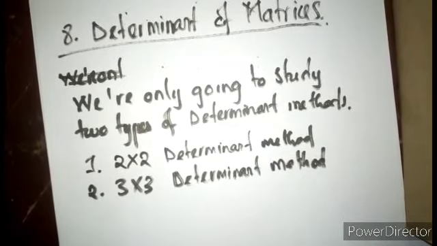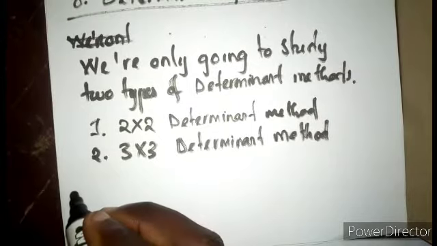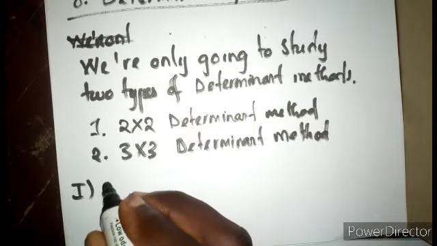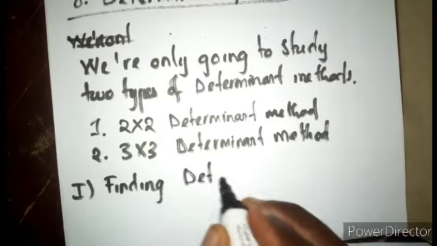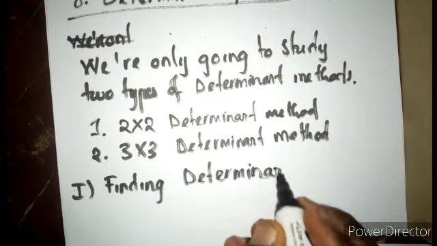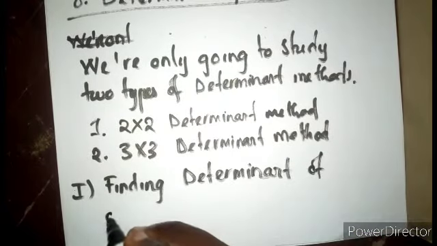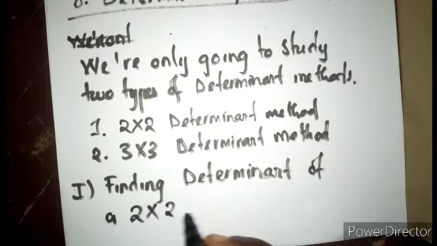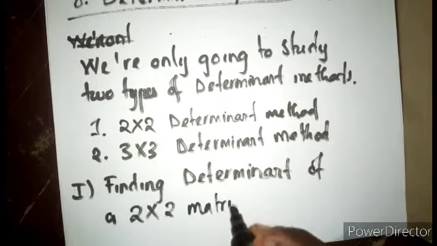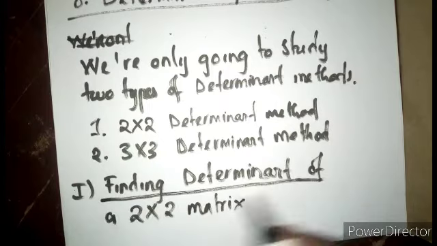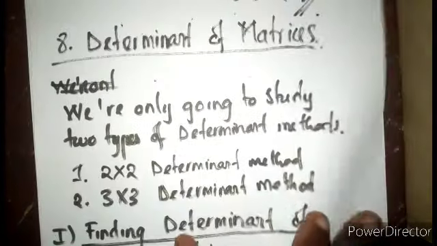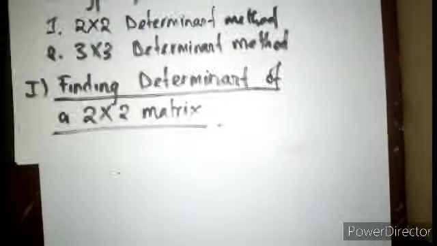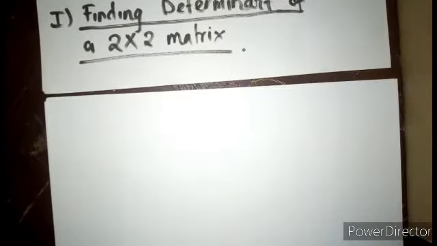For the 2 by 2 determinant method, the first one is finding the determinant of a 2 by 2 matrix, and this is by using the 2 by 2 determinant approach.